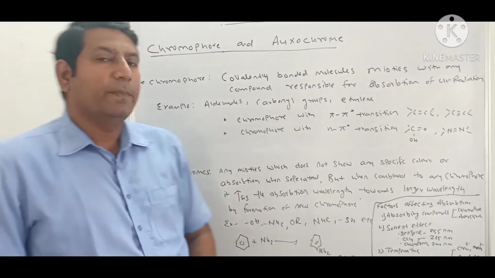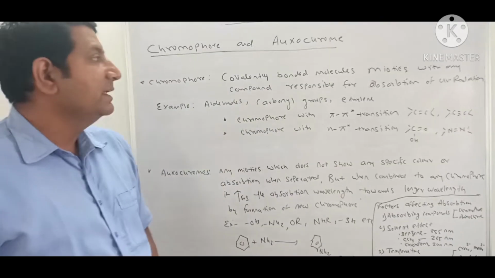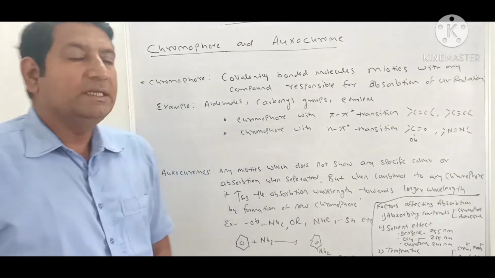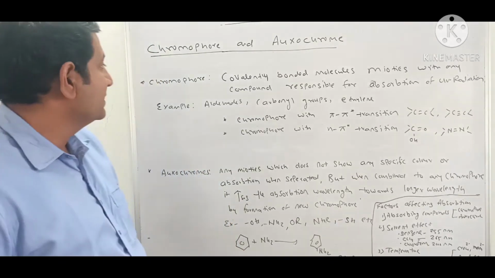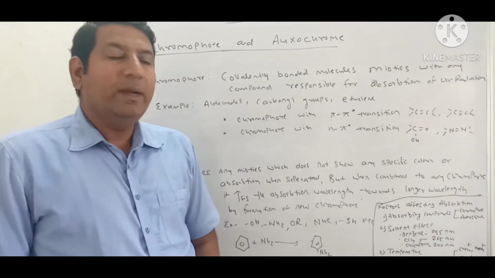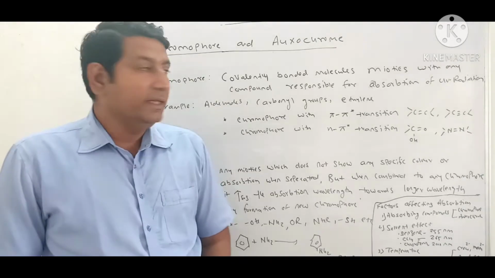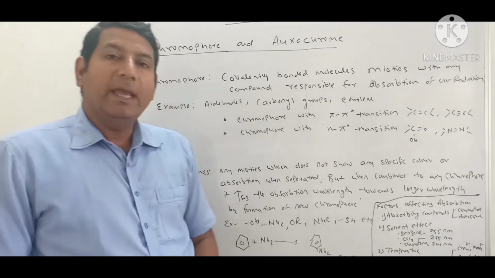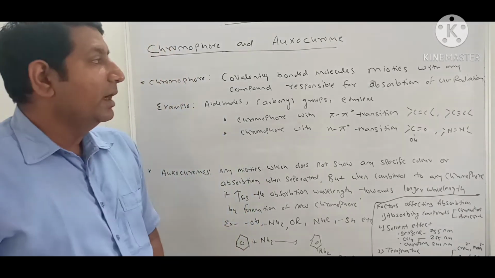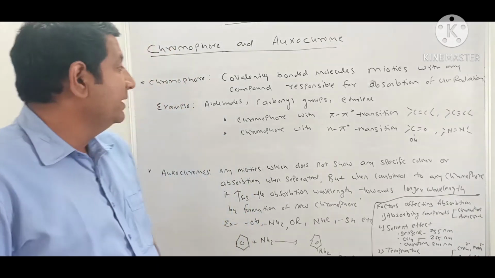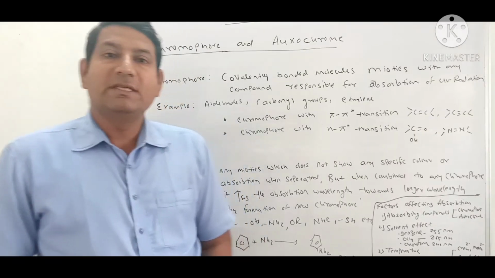What is chromophore? Chromophore, as the name suggests, is a substance which imparts color to any substance. Chromophores are covalently bonded moieties which are attached to any organic compound and are responsible for absorption of UV radiation in the UV visible range.